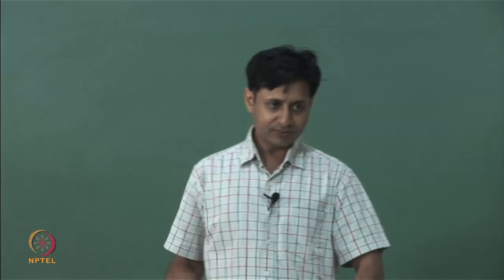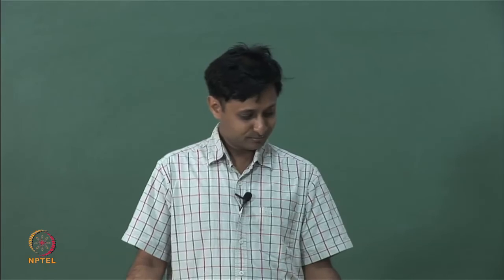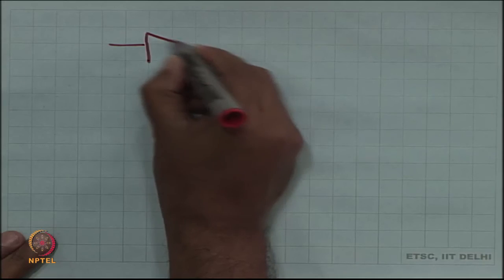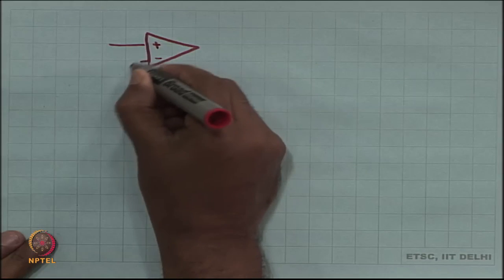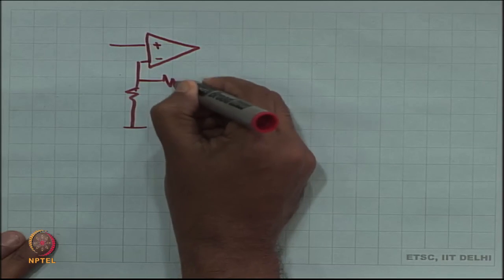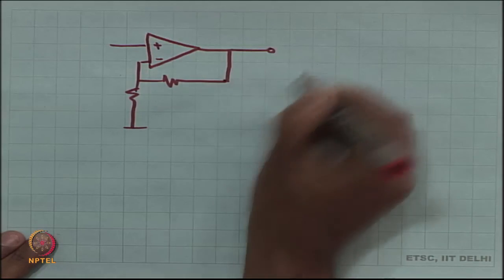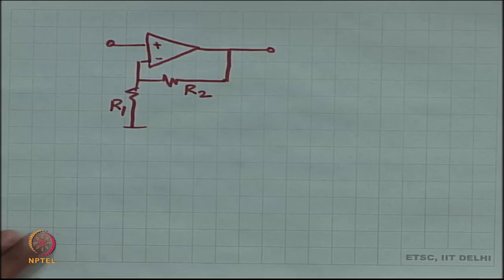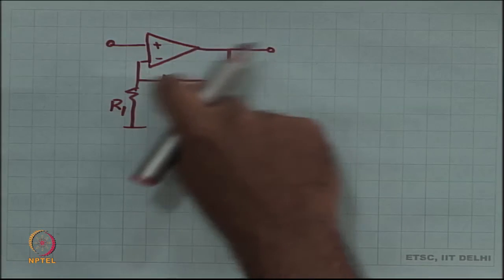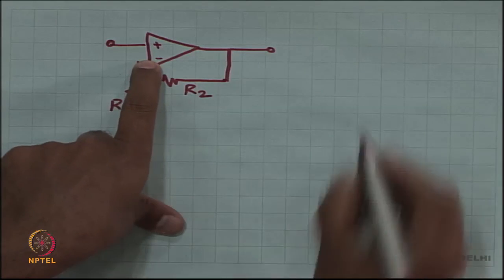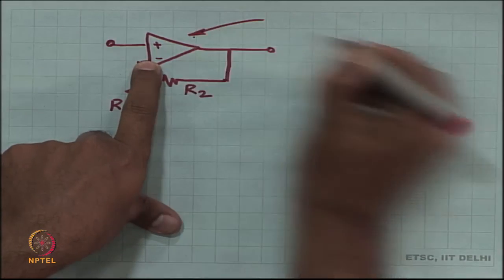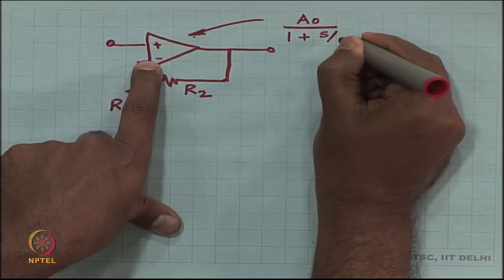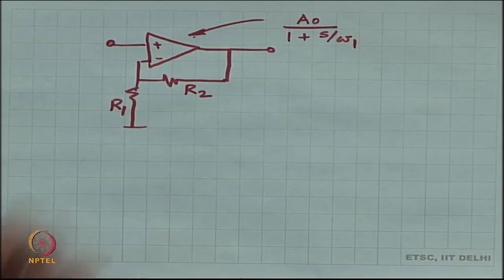And the reason why we do this is related to your op amp circuit. Right, which is your favorite op amp circuit? This one, this is my favorite op amp circuit. Okay. If I approximate this op amp as something which has a response that looks like this, A naught divided by 1 plus S by omega 1.